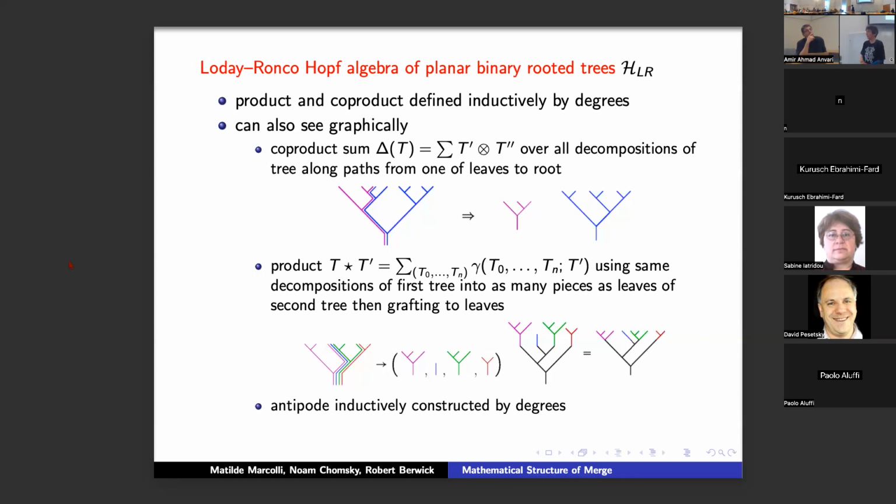And this is going to be also compatible with a coproduct in which you disassemble these trees, and you should be able to see again in the coproduct what you need to use for internal merge and so on. So it turns out that there is a way of constructing a Hopf algebra that uses only binary rooted trees and not binary forests.